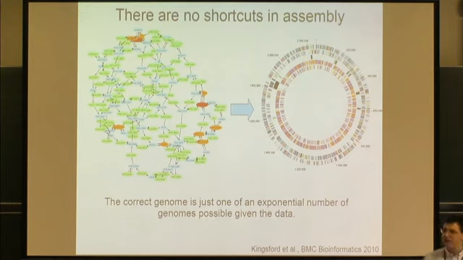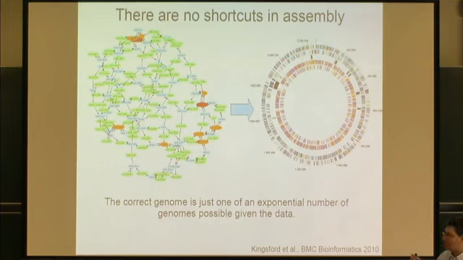They're all consistent with the data that we have. Okay, so figuring out which one is the correct one, we pretty much have to try all of the options. And enumerating all the options is essentially impossible even for simple genomes.